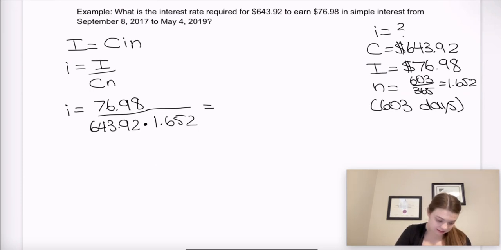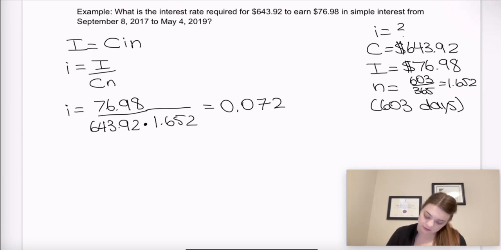And let's see what that is going to be equal to. That's going to be 0.072. So the interest rate is going to be about 7.2% annually.